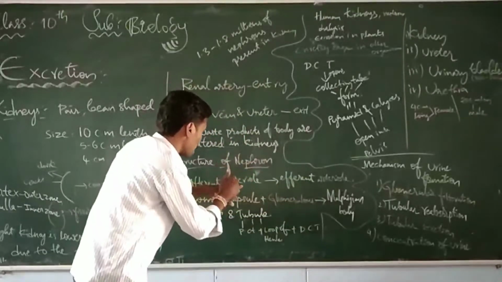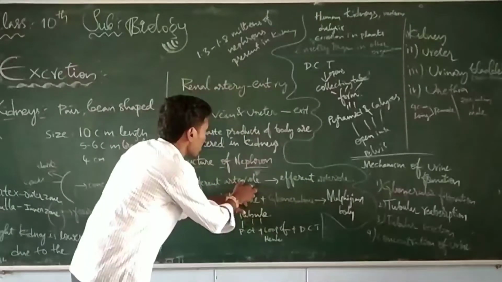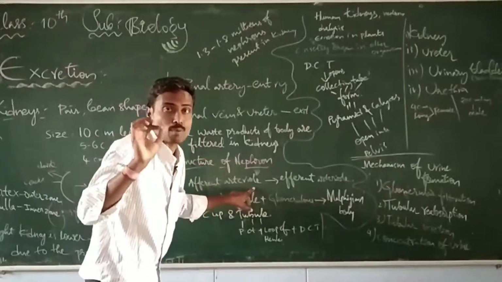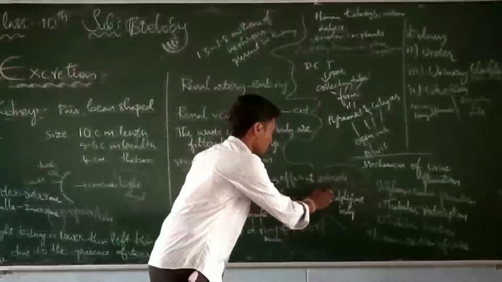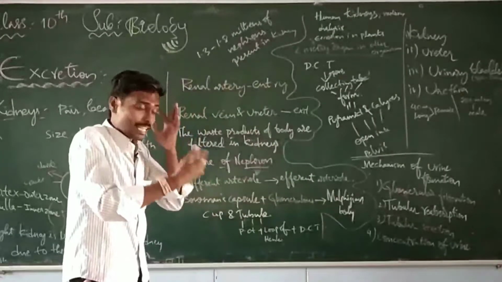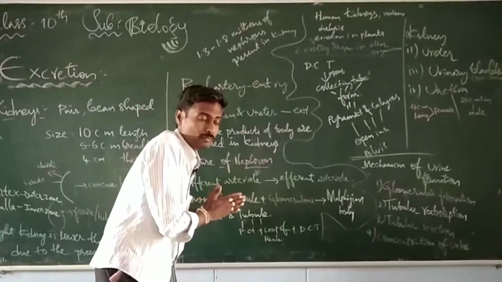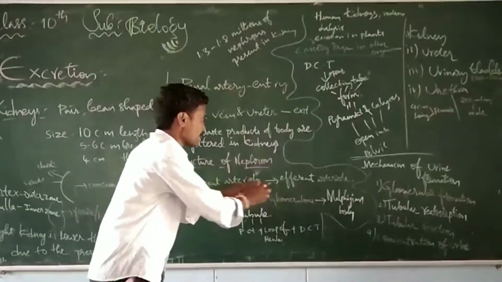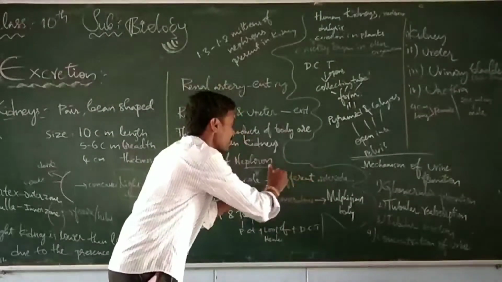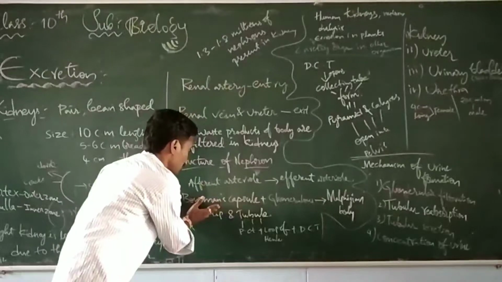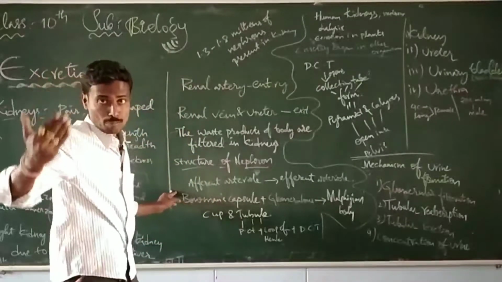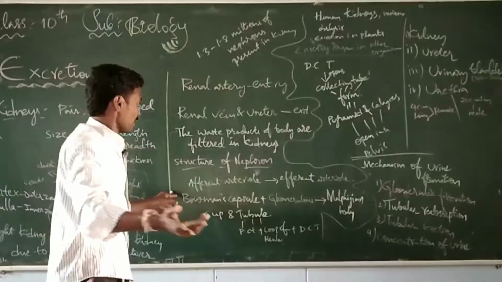One thing you have to observe carefully: the afferent arteriole's diameter is broader than the efferent arteriole's. What is the necessity of having such a structural difference? Let us see. As the efferent arteriole is narrower, it exerts pressure inside the Bowman's capsule, which leads to filtration of blood.